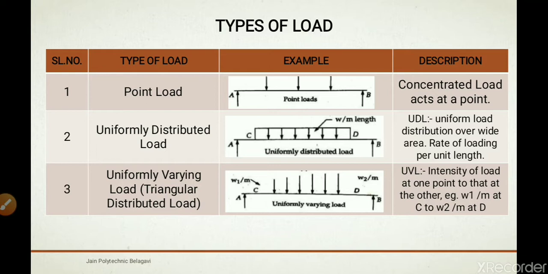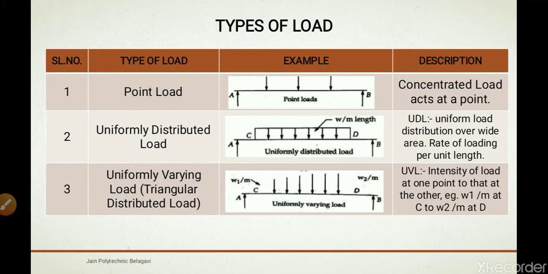Coming to uniformly distributed load, a point load is nothing but just a force, so its unit will be kilonewton or just newton. Okay, then uniformly distributed load. Uniformly distributed load is a load which is spreading over the entire length of the beam or part of the beam at a uniform rate, because you can see in the example figure, second figure, it is mentioned W per meter length.